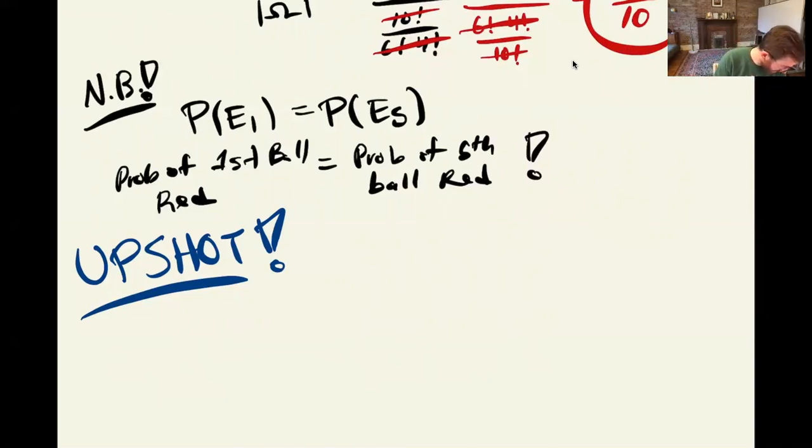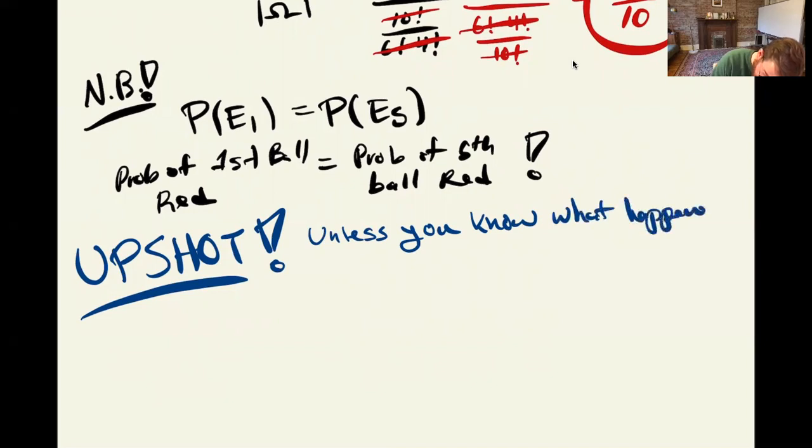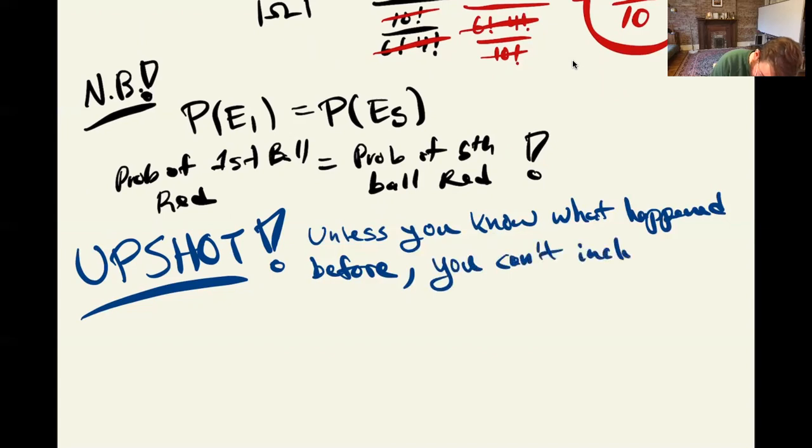So let me just say this slightly differently. Unless you know what happened before, you can't include it in computing probability now.